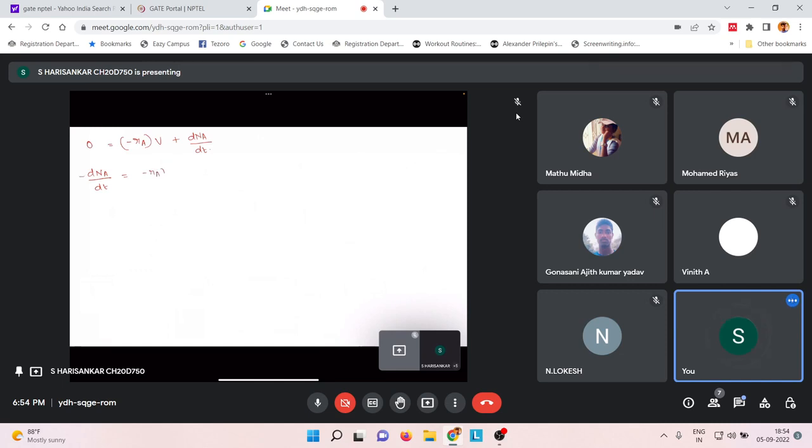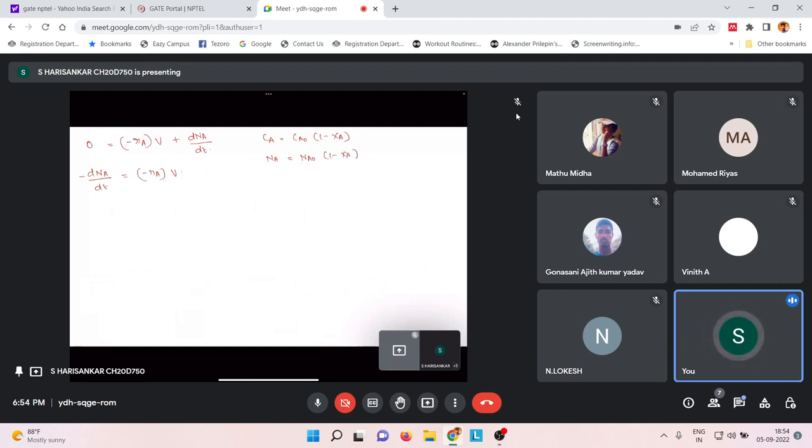minus Ra into V. Now, we previously said that Ca is equal to Ca0 into 1 minus Xa. We can write an equation for Na as well, because Na is equal to Na0 into 1 minus Xa.